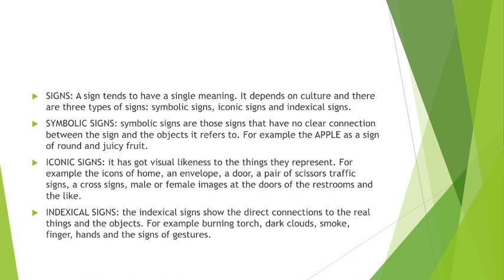Symbolic signs are those that have no clear connection between the sign and the object it refers to. For example, the apple as a sign of a round and juicy fruit. That is one sign. Now, iconic signs have a visual likeness to the things they represent.